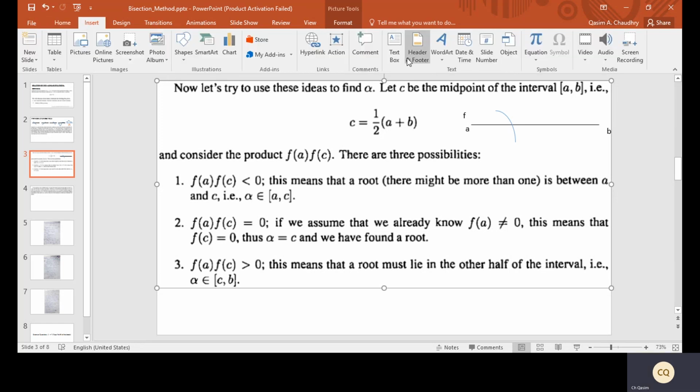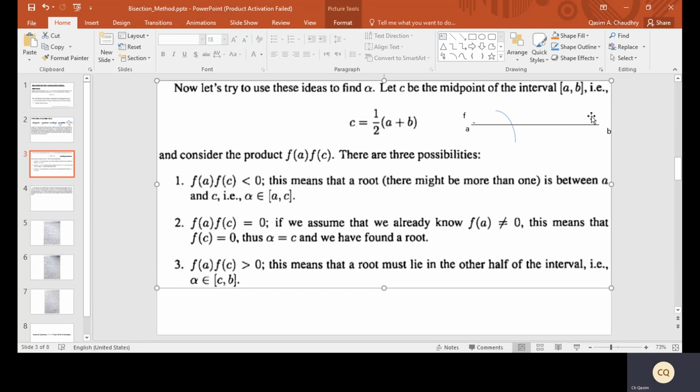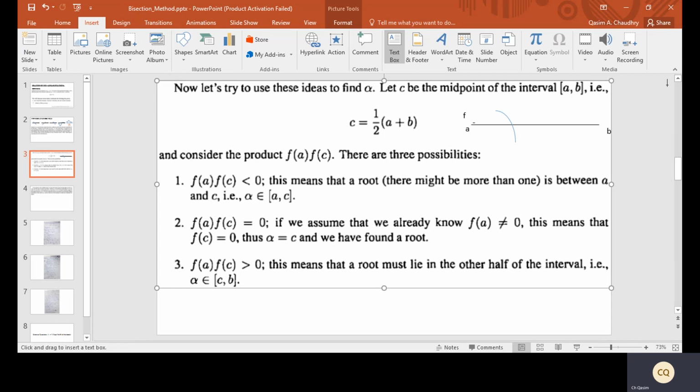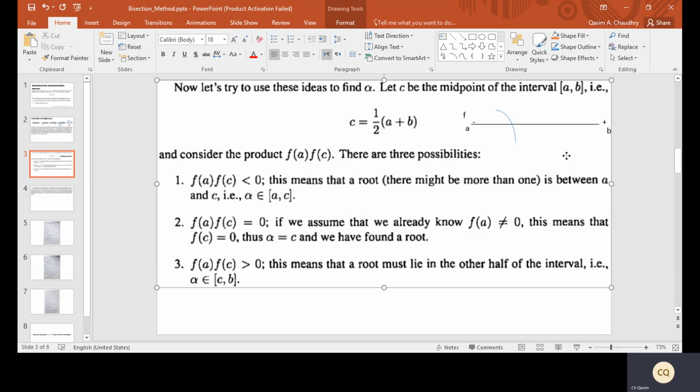We write this as the negative value because in the beginning you don't know what the answer is. And on the other side, let's say this is your positive answer. So it means the root lies within this interval.